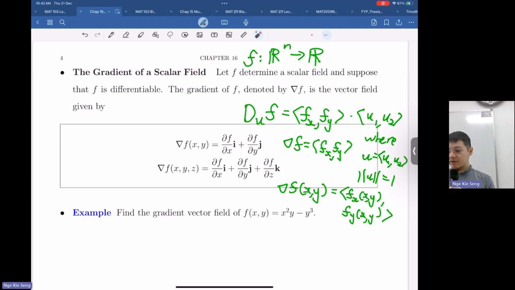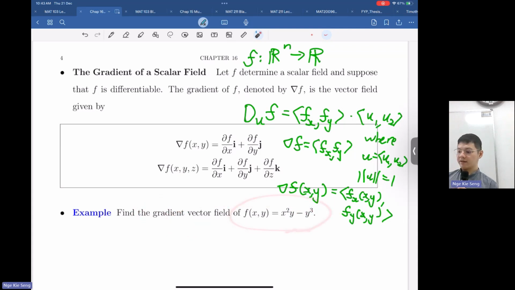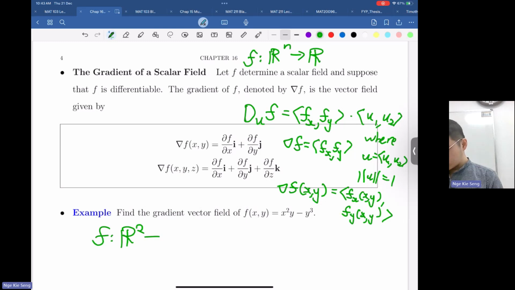Okay, so for example, find the gradient vector field of f(x, y) equals x squared y minus y cubed. This is a map. So this f is from where to where? From R2 to R. In particular, this is a scalar field, and for a scalar field I can find the gradient.